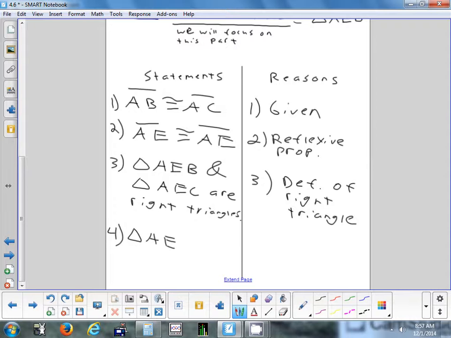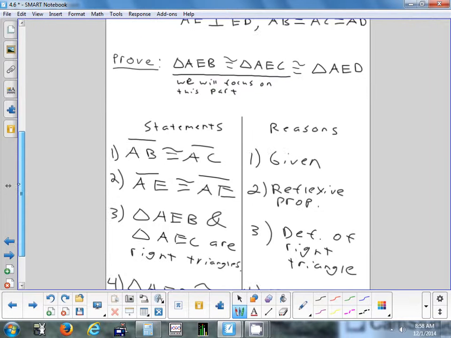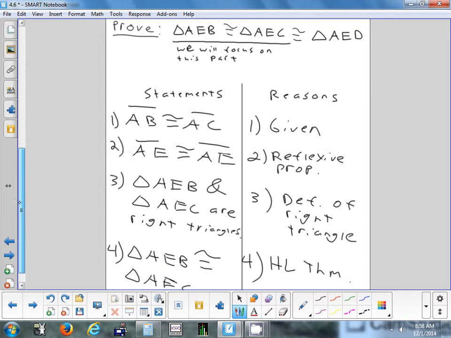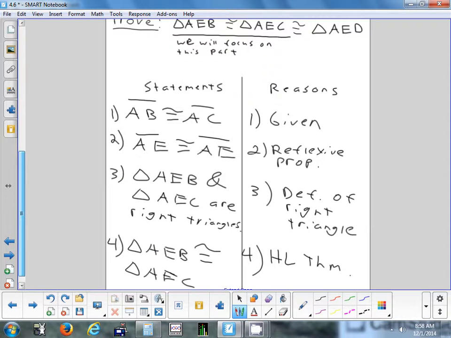Triangle AEB is congruent to AEC. Reason? HL theorem. Again, don't ever put SSA because that's not a congruence postulate. Okay. Any question on that proof?